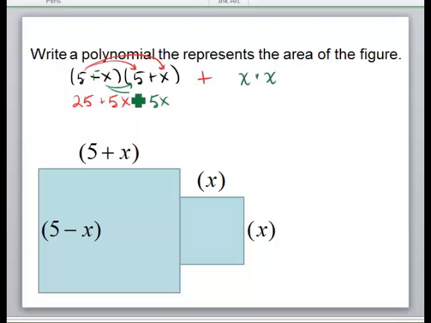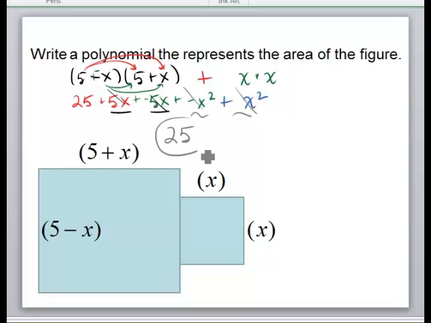And then I have a negative x times an x, which would give me a negative x squared. X times x is x squared. So now when I start to look at combining like terms, I get 0 here, so those fall away. And I end up getting, these are like terms, but they're also 0. So my final answer just ends up being 25.